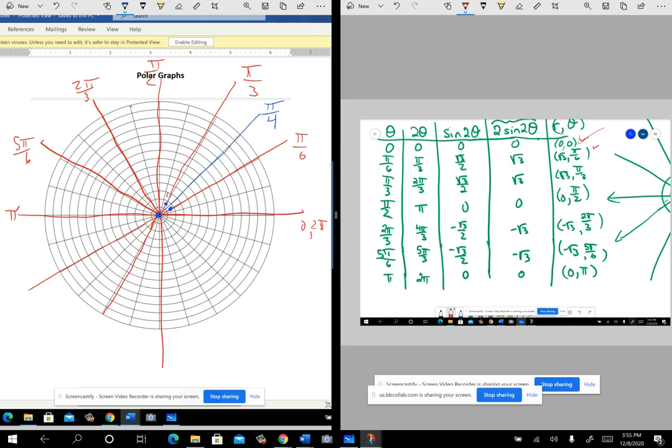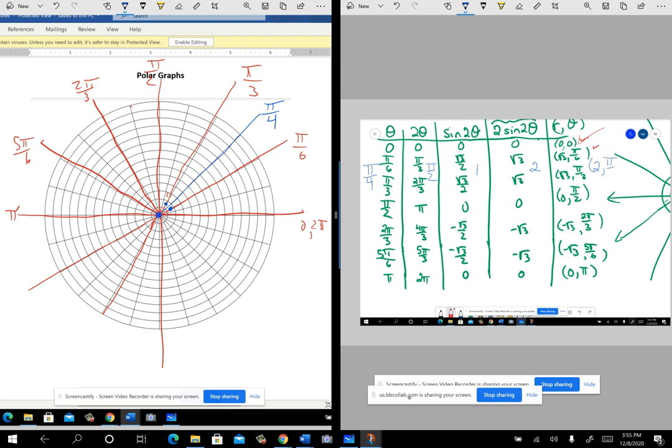So I suggested that you come over to this one and you find the pi over 4, which is the 45 degrees. When you double that, you're going to get pi over 2. When you do sine of pi over 2, you're going to get 1. And when you do 2 times 1, you're going to get 2. So that gives you an added ordered pair you can plot.